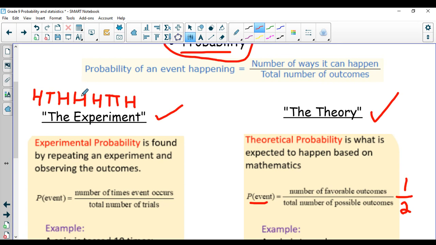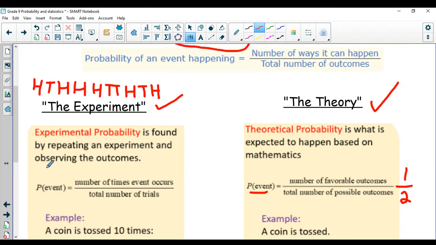Count 2, 4, 6, 8. Tails. And the last one is heads. How many do we have? 1, 2, 3, 4, 5, 6, 7, 8, 9, 10.